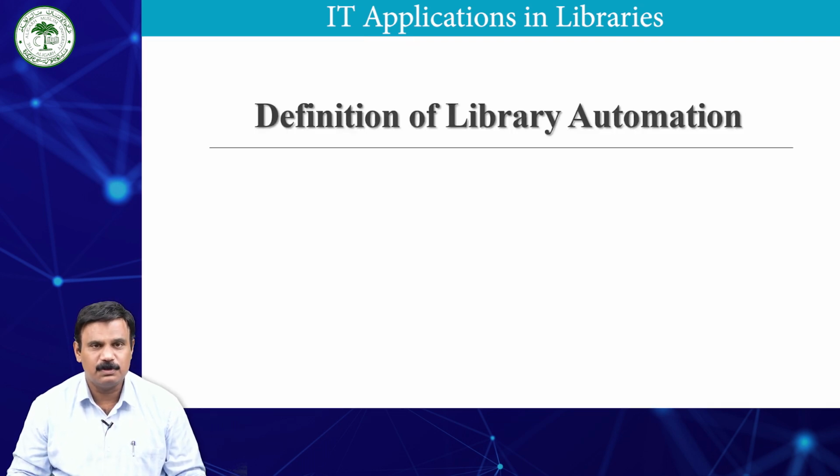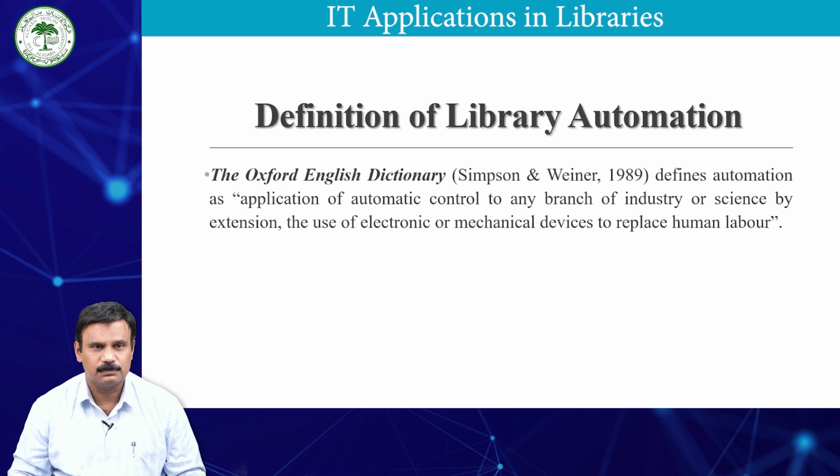If you see the definition of library automation, the Oxford English Dictionary defines automation as, quote, application of automatic control to any branch of industry or science by extension the use of electronic or mechanical devices to replace the human labor, unquote.